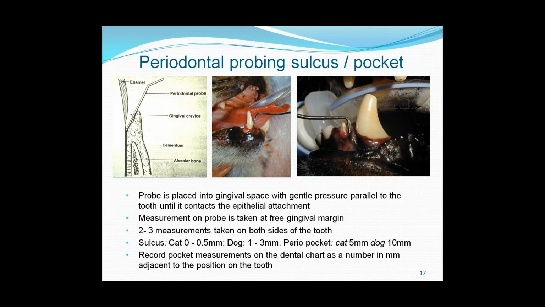We need to record these measurements on a dental chart. We'll talk about dental charting in another webinar, but essentially we measure around every tooth in 4 to 6 places, so 2 to 3 places on the buccal surface and 2 to 3 positions on the palatal or the lingual surface. And then we place those numbers on a dental chart.